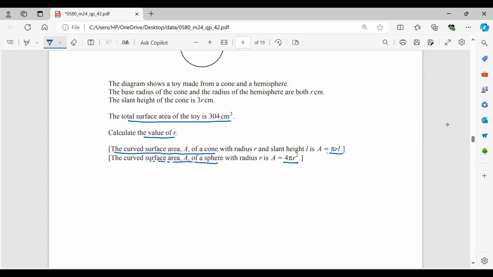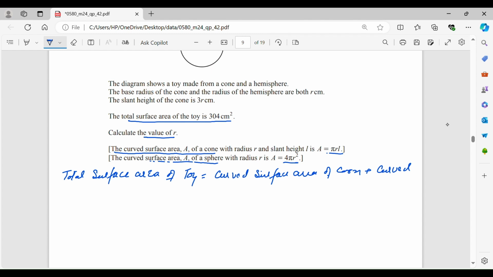So the total surface area of the toy will be equal to the curved surface area of the cone plus the curved surface area of the hemisphere.